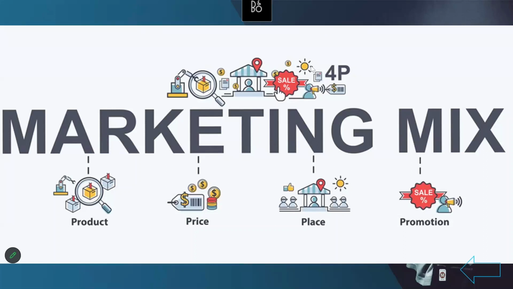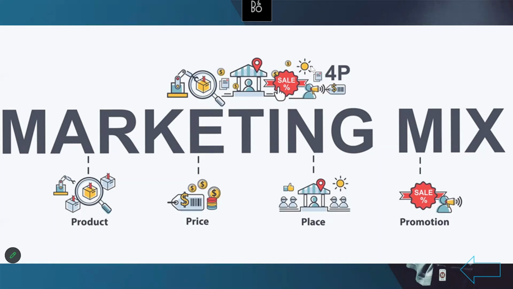So you should be able to develop a marketing mix for a product, right? I will tell the product. For example, I can tell you mobile phone, or a watch, or a motorbike. Any product I can tell. For that product, you have to develop a marketing mix.